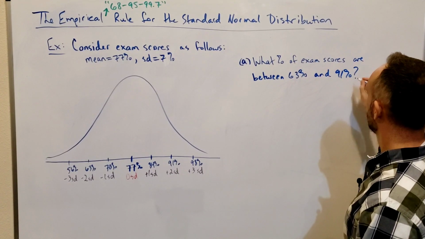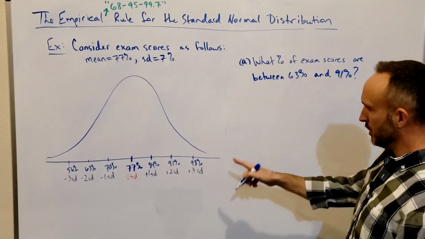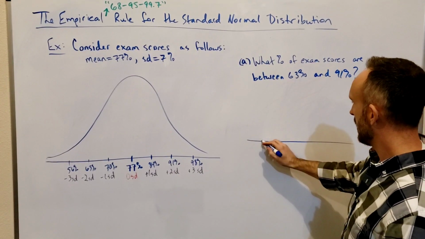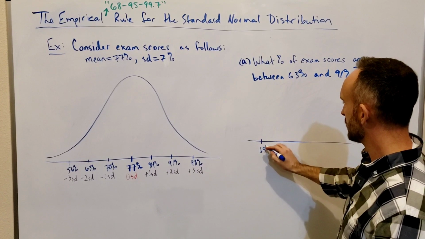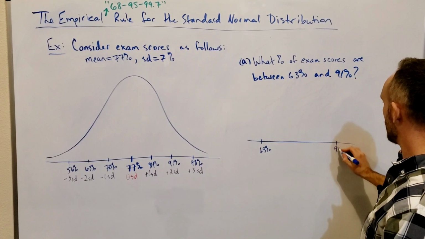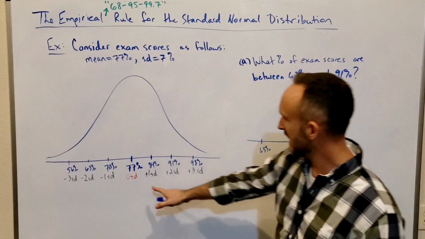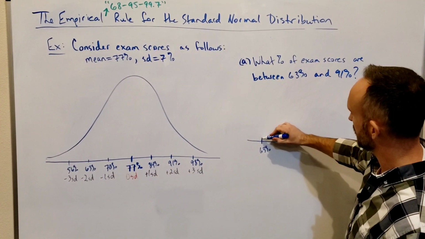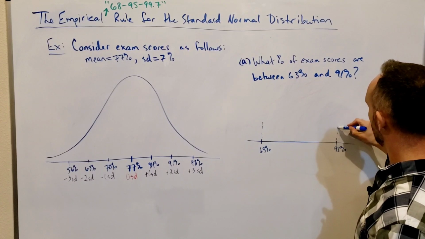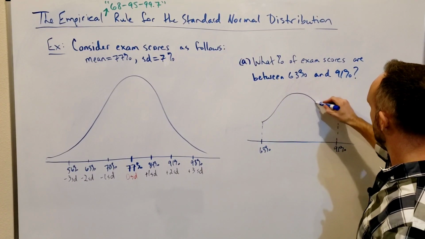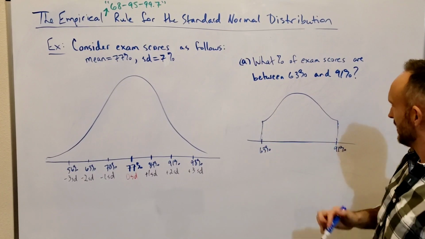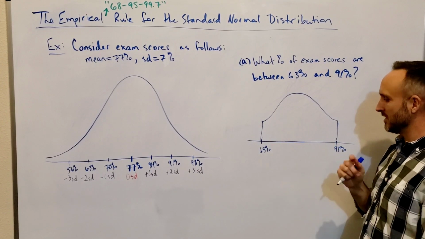Okay? So if we were to look at this, I'm going to redraw kind of small here. I'm interested in going from 63% to 91%, which is exactly 2 standard deviations to the right and 2 standard deviations to the left. So I get this symmetric portion of the curve here. That's the best I can do. I apologize. So we're asking, what's this percentage here?